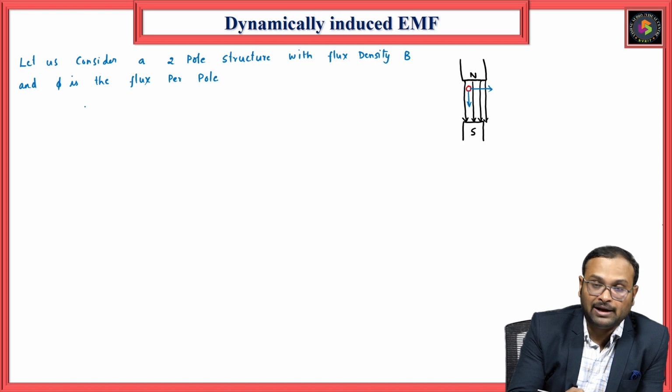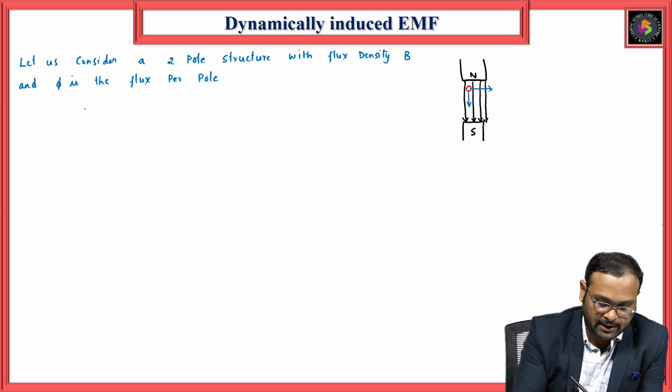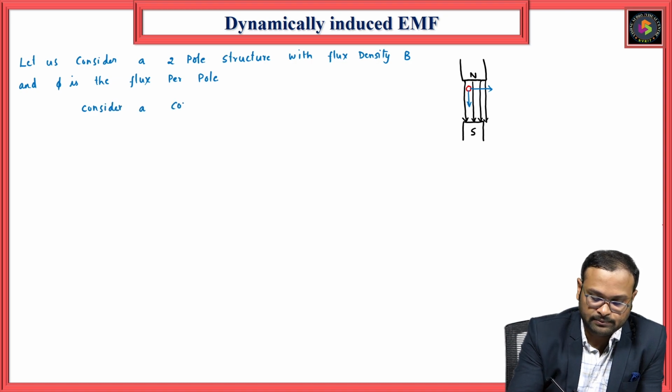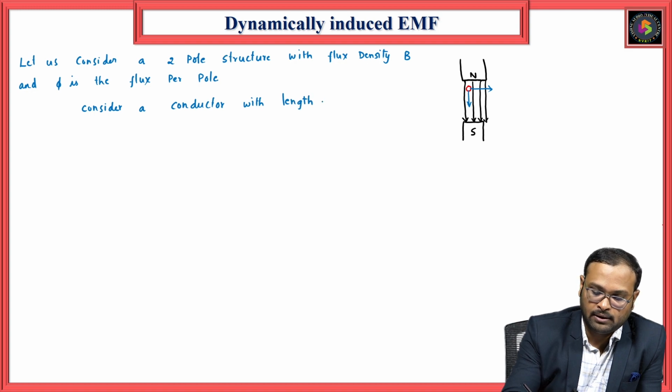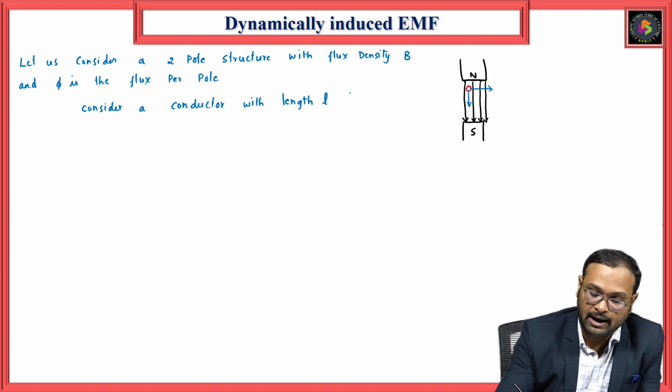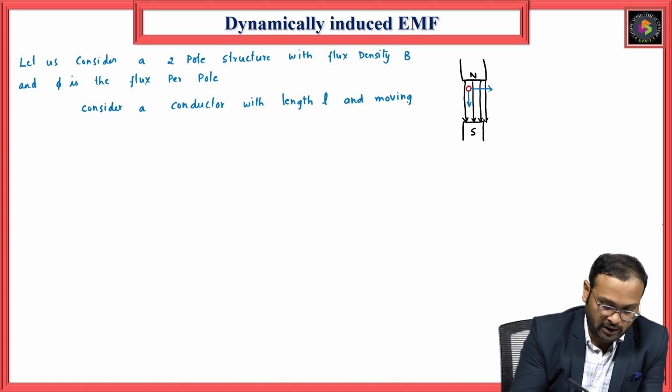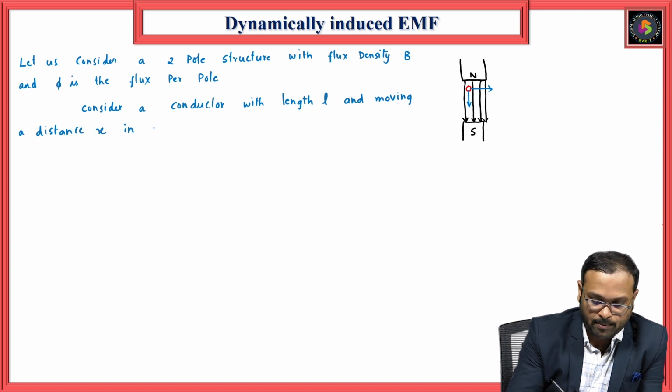Now similarly we consider a conductor with length L under this magnetic structure, moving a distance x in the magnetic field density.